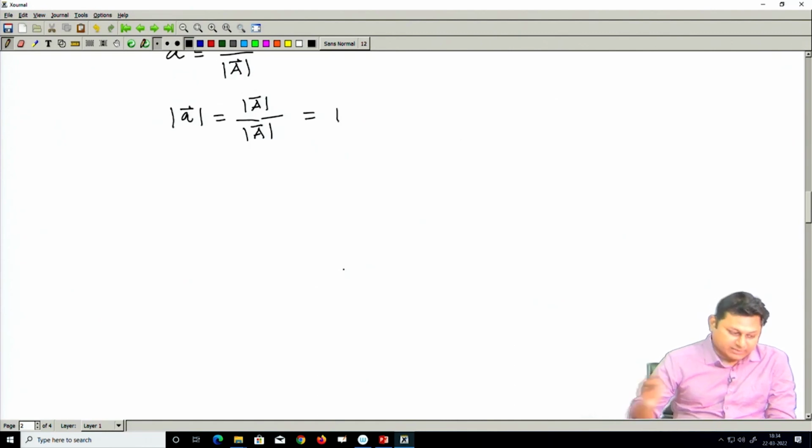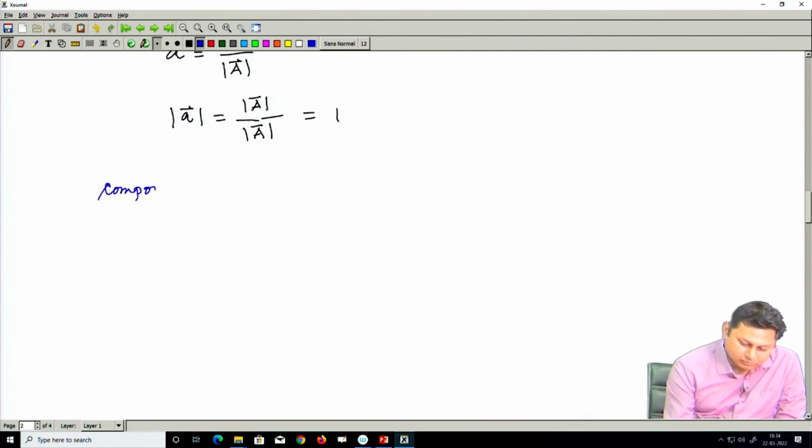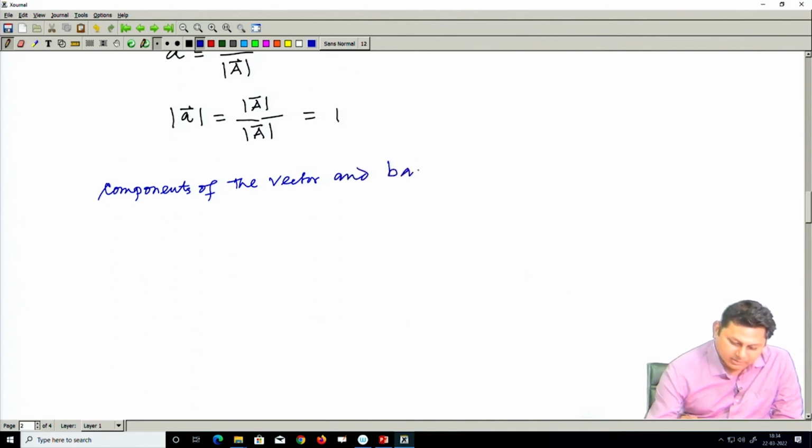Next very important thing is components of the vector and basis. A very important term, basis.